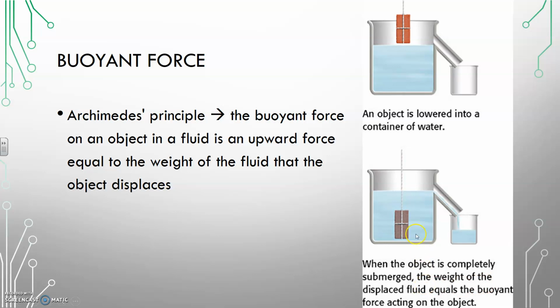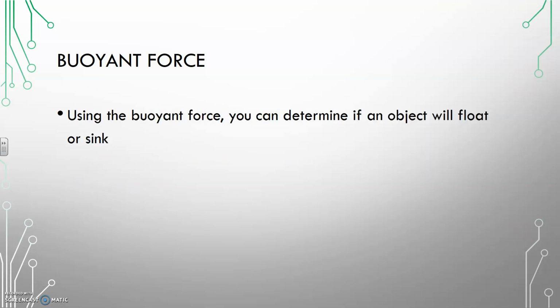Now, we'll go into the weight versus the buoyant force in just a second. Using the buoyant force, you can actually determine if an object is going to float or if it will sink.